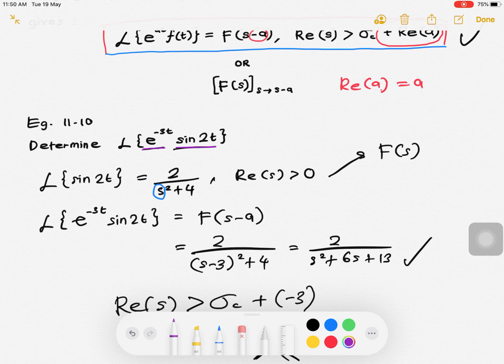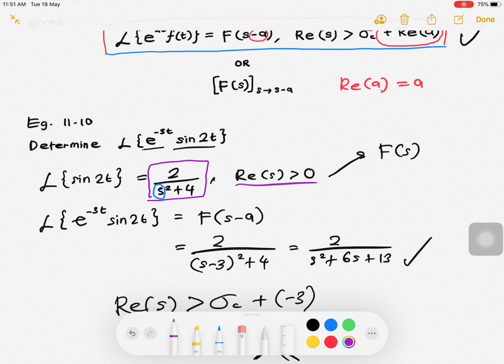First of all, we solve sine 2t first, which is right here. Now this is the formula. You can get the formula in example 11.3 or 11.4, and this is the condition.